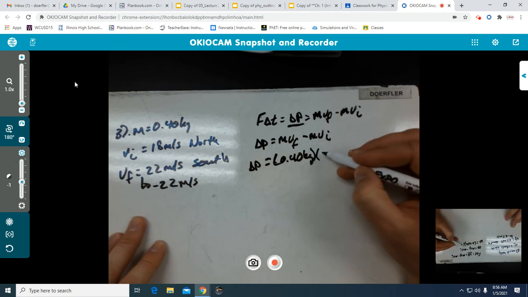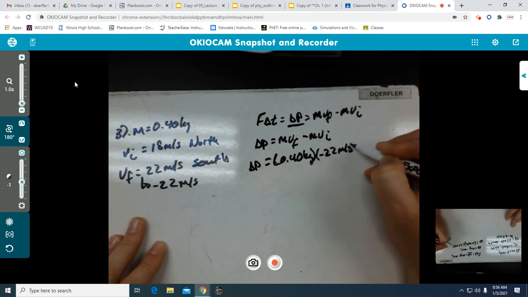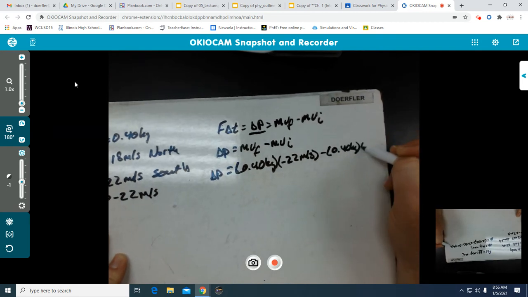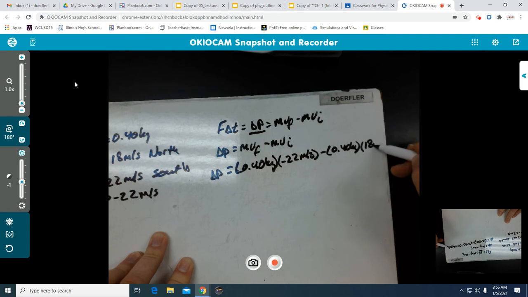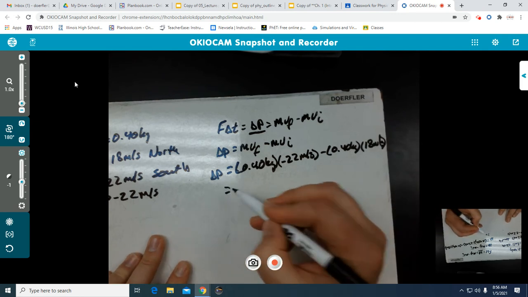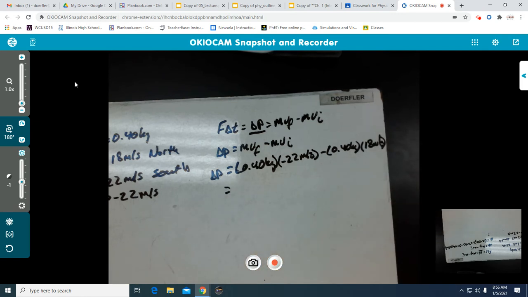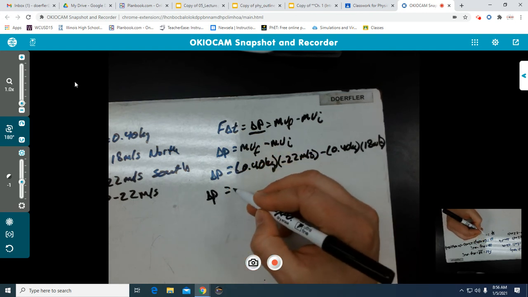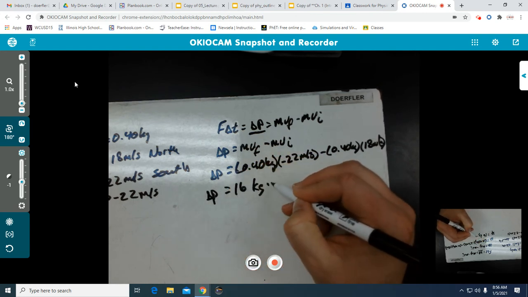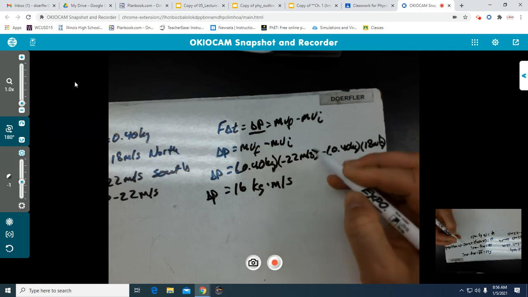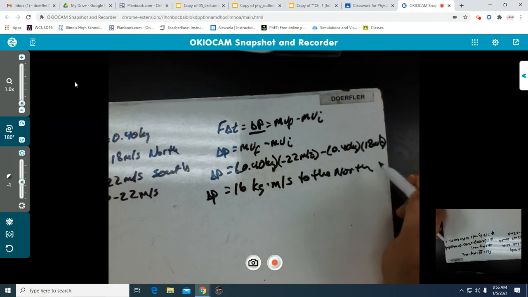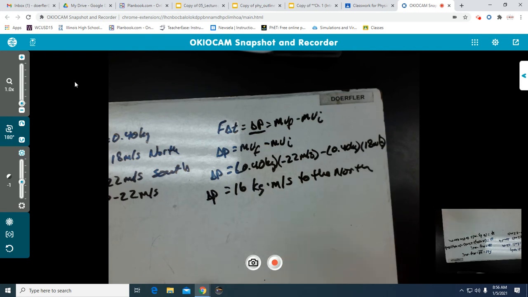Our final was negative 22 meters per second minus 0.40 kilogram times our initial of 18 meters per second. Again, if you need to pause real briefly, go ahead. But we find that we have a change in momentum of 16 kilograms times meters per second to the north. Again, it's going to be a positive value.